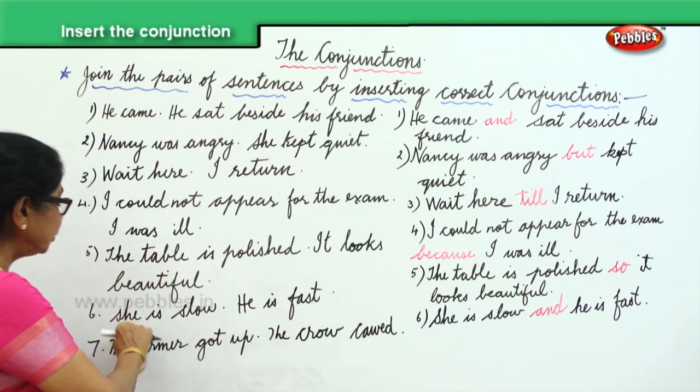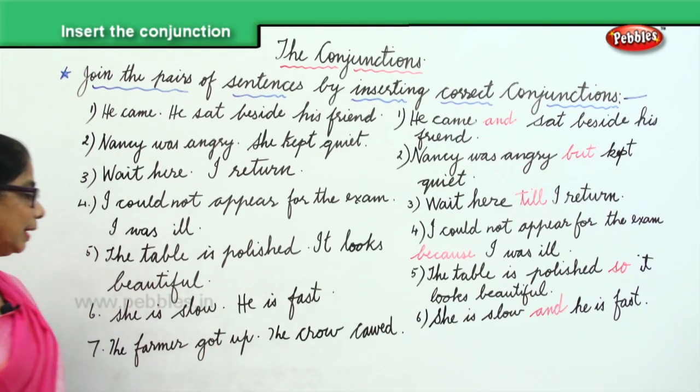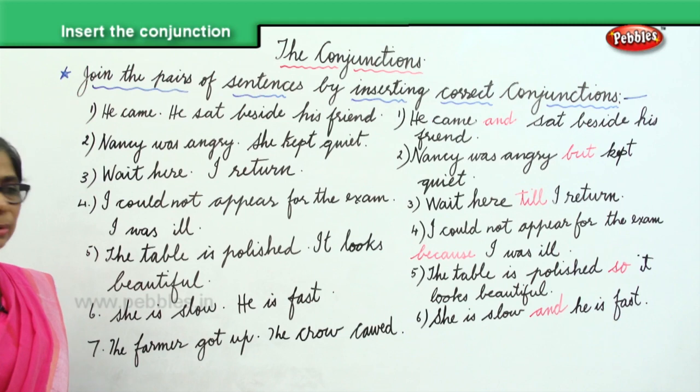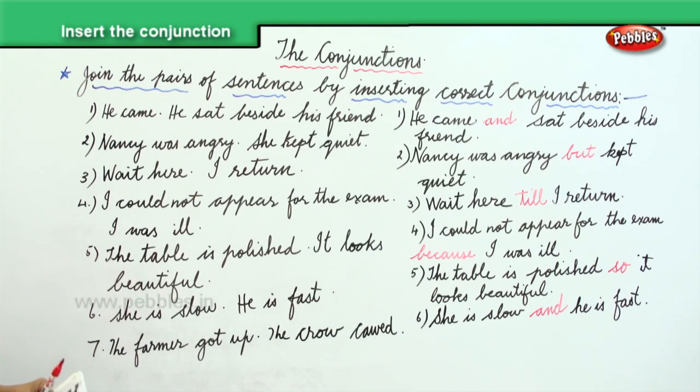Supposing we had she is slow, she is fast, you can say she is neither slow nor fast. Now the seventh one, the farmer got up and the crow cawed.